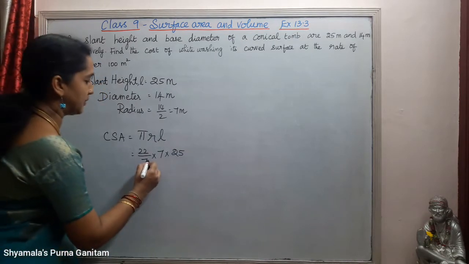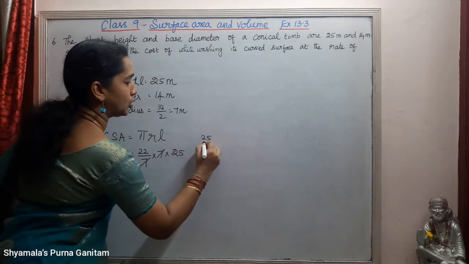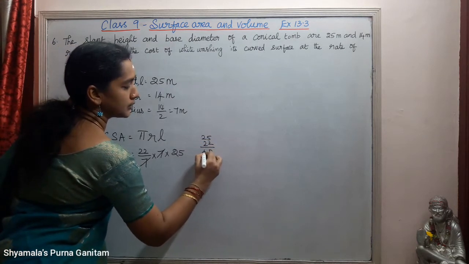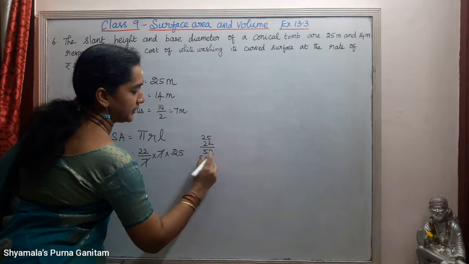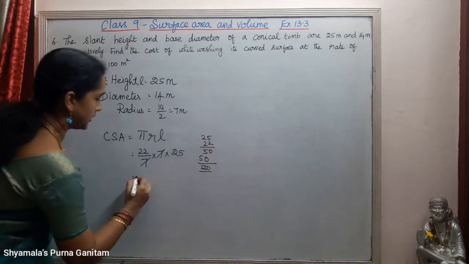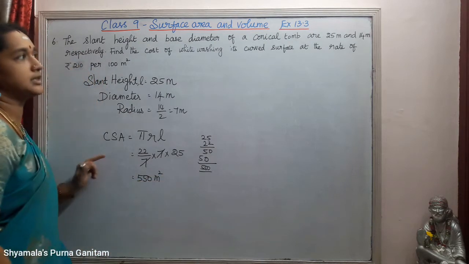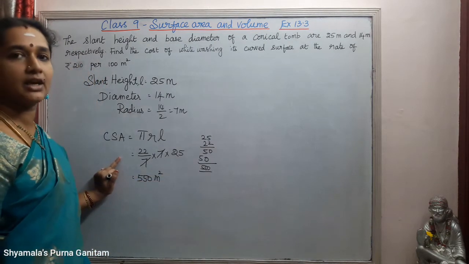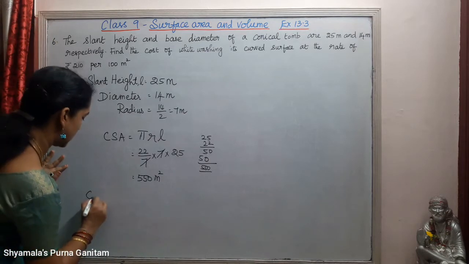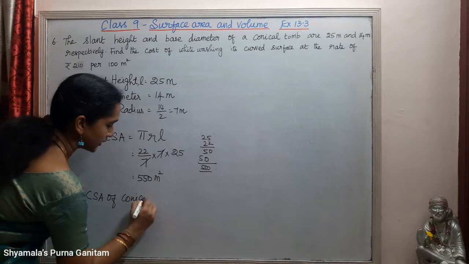When we simplify this, 7 and 7 will get cancelled. 25 into 22, so 550. So this is equal to 550 meter square. So this is the curved surface area of the conical dome.